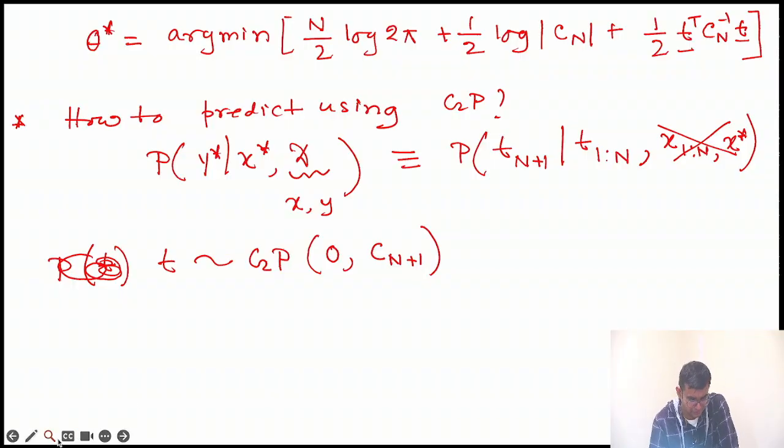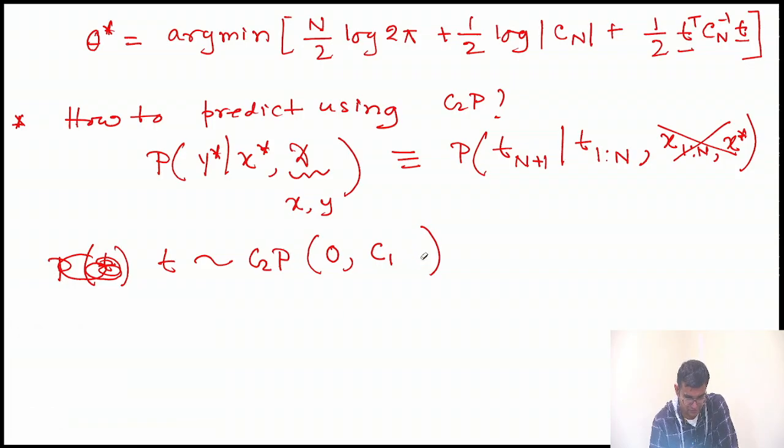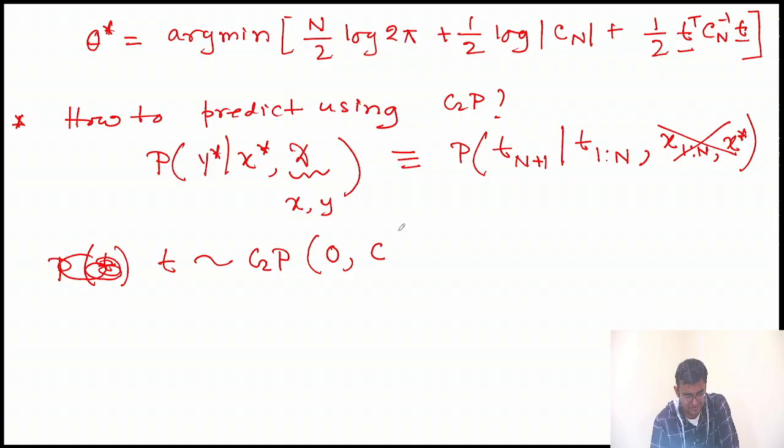I should not write n plus 1, sorry. I should write only C. Why should I not write Cn plus 1? Exactly, it's a kernel. I will write n plus 1 next step. When I write something, you will see, I'll write it. This is fine.